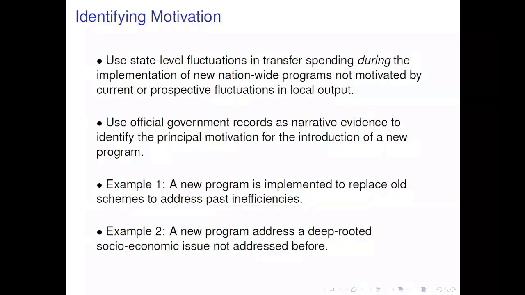Now, if you ask, wasn't this a problem before? It was. But as is the case in emerging economies, things come up sporadically. You identify, okay, there's an issue, we need to do something, and let's do something about it. So that's the second example. There's a problem, and suddenly the government says, okay, we need to do something about this.